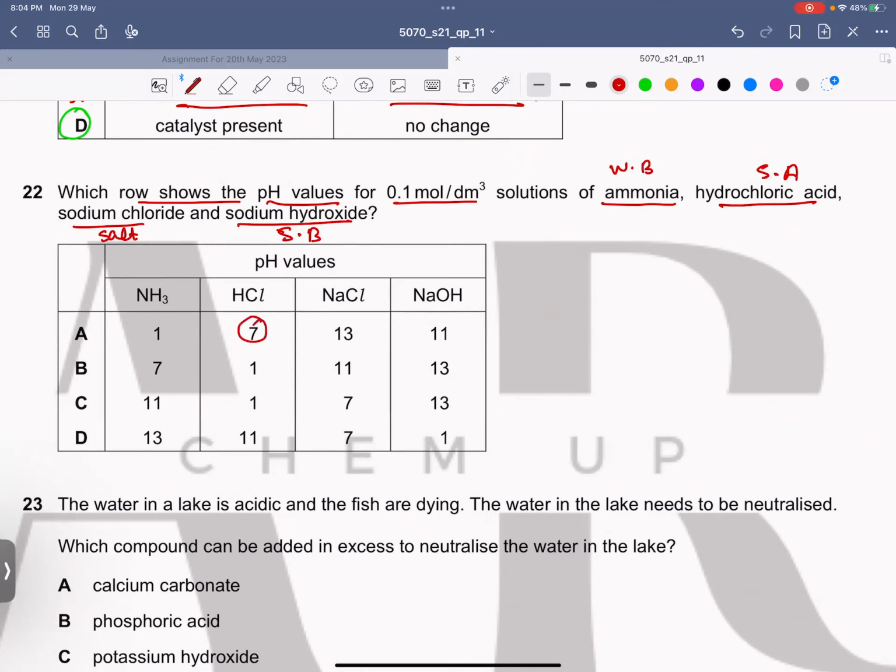So see over here, in these two cases, these two are the wrong ones. So A and D go wrong. Now, ammonia is a weak base, so it can't be 7. So B goes wrong as well. You are left with only one option, and that must be the correct one. So question number 22, C is the correct one.